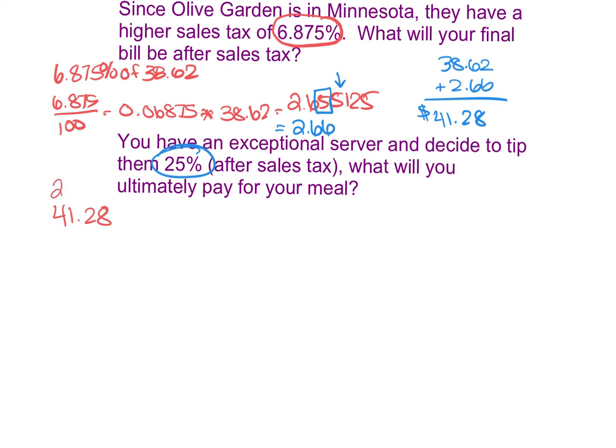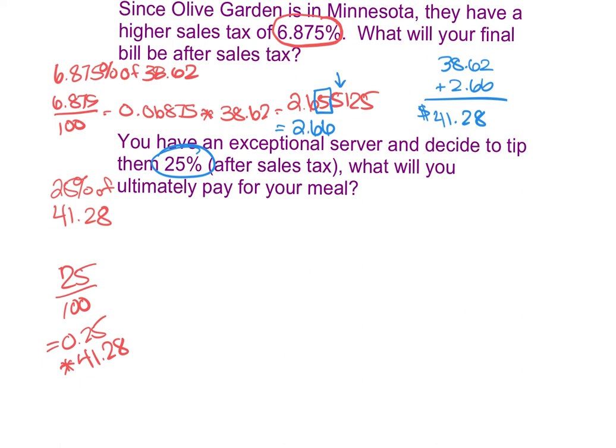So we need to find 25% of $41.28 to know what we tipped. So we're going to take 25 and divide it by 100, which gives us 0.25. Then we multiply that by our bill, which is $41.28.